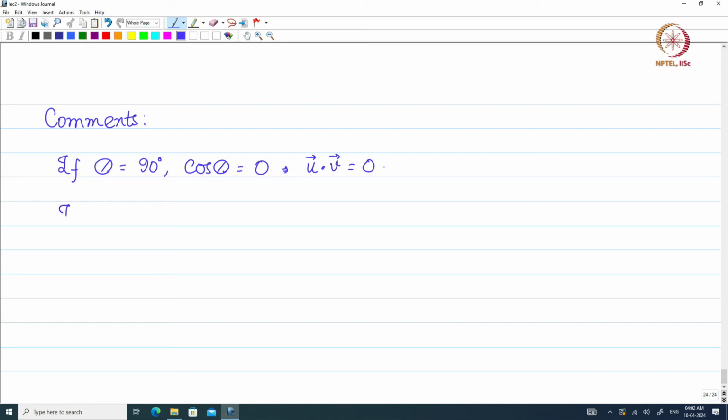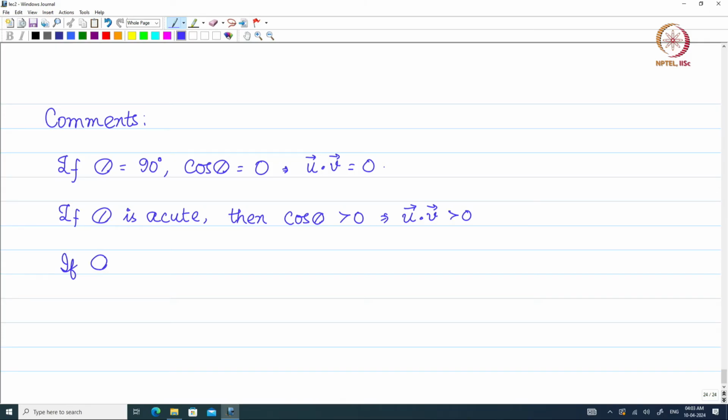I am quite sure all of you know about acute angle and obtuse angle. If theta is an acute angle, then cos theta is greater than 0, which implies u dot v is greater than 0.